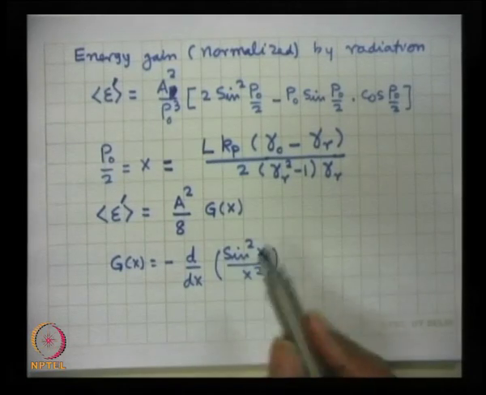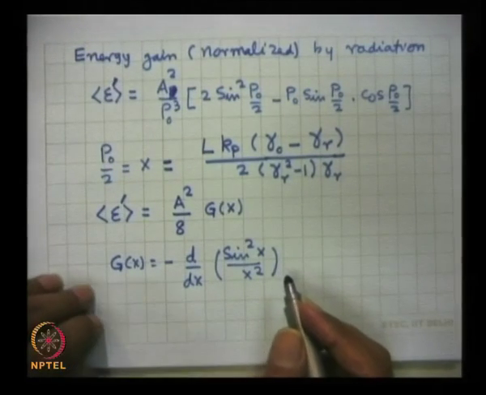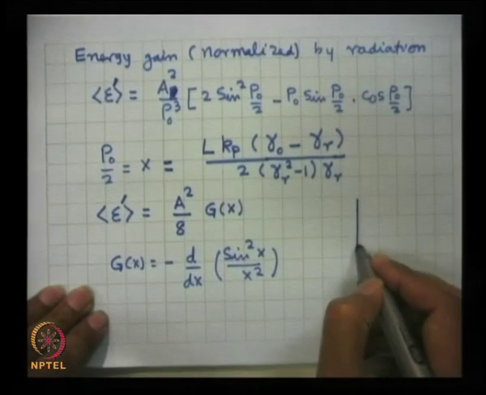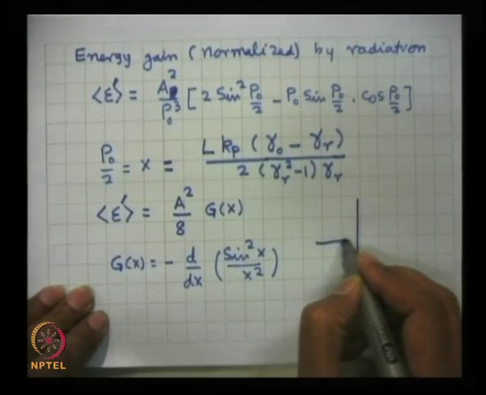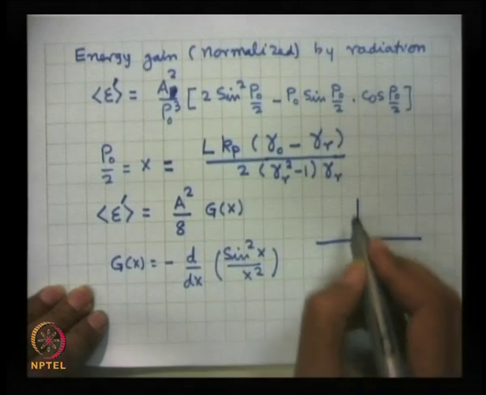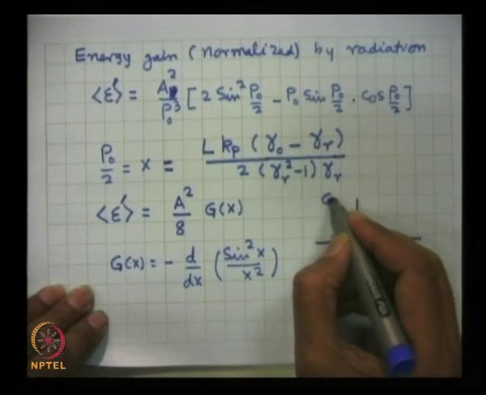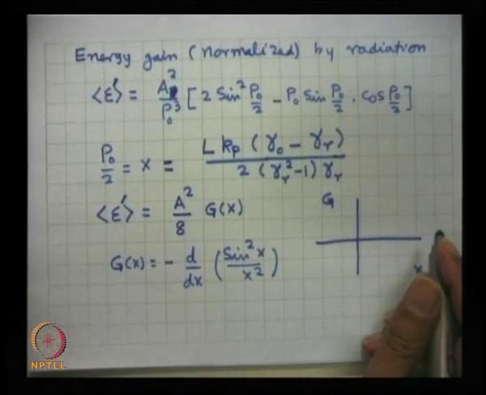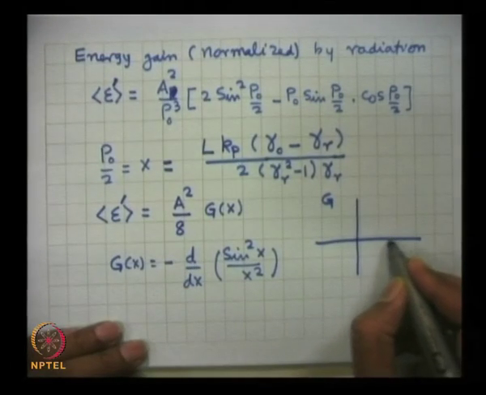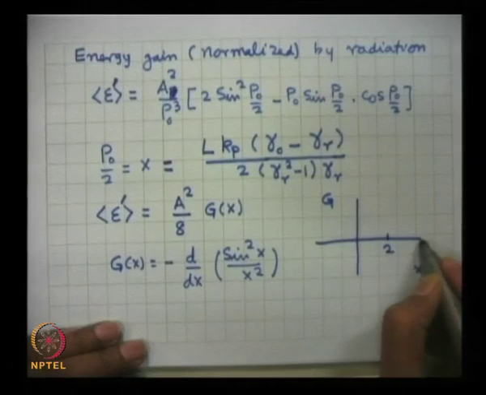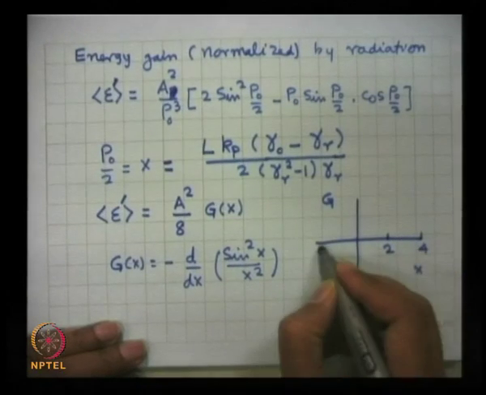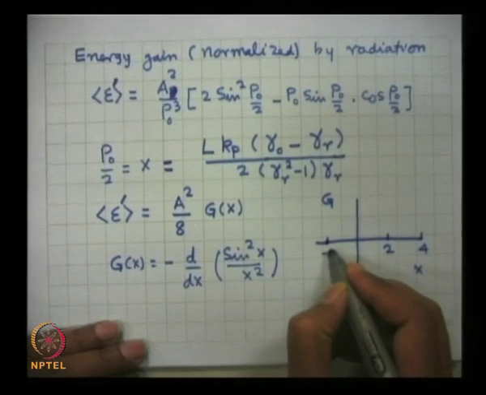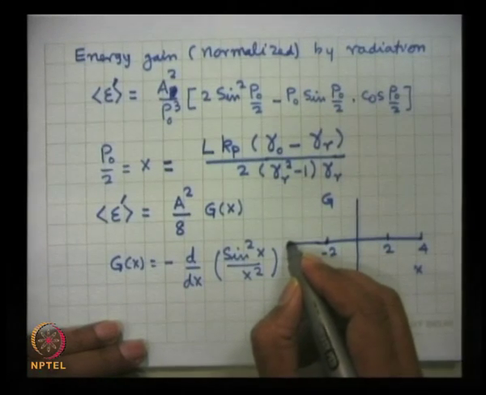How much is the value of g? If I plot this, it turns out to be like this. Plot g here and x there. The values may be like 2 maybe here, 4 maybe there, minus 2 here, minus 4 there.